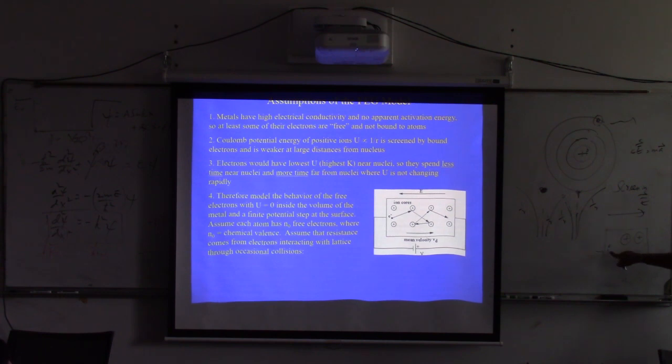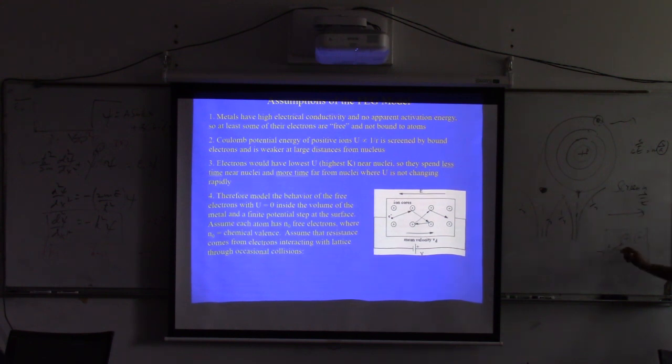When it receives this energy, it will move, but it collides with the ion. So then we made this very strong assumption. We call it the relaxation time approximation. Suppose because of the acceleration the velocity increases.